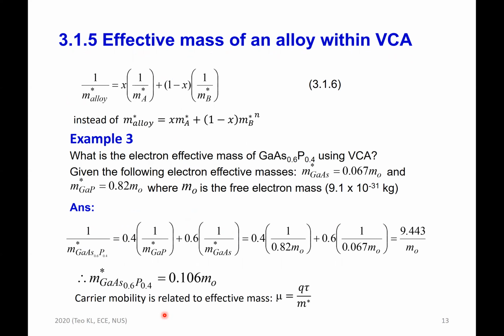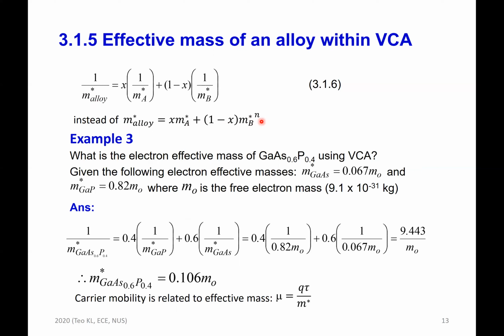Next, effective mass. Lattice constant parameters and band gap parameters can be approximated by linear interpolation. The effective mass also can be approximated by linear interpolation. So the effective mass, by the same analogy, you can have x m_a plus 1 minus x m_b.